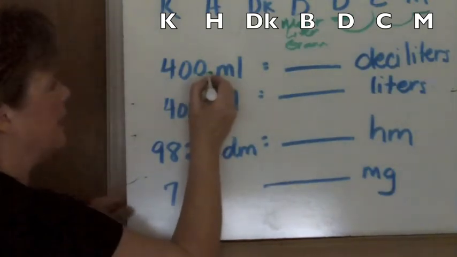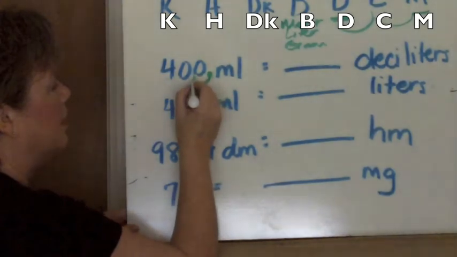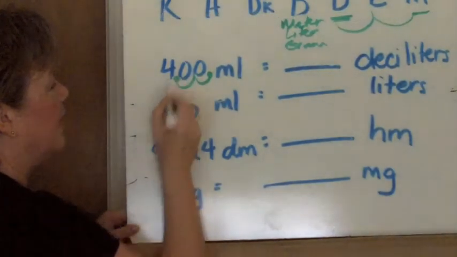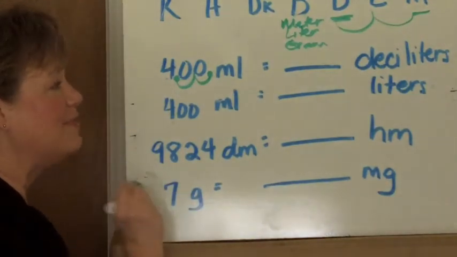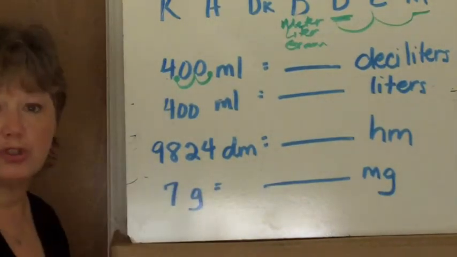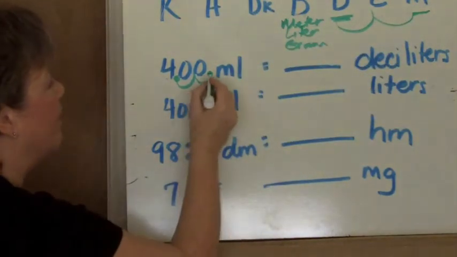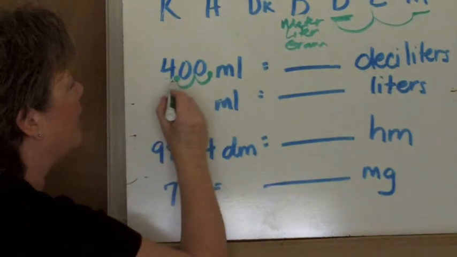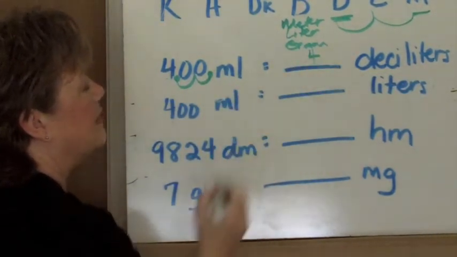So I'm simply going to take my decimal point and move it 1 spot, 2 spots to the left. That is the same thing as our little chart that said divide by. So I have simply moved it over, so I know that 400 milliliters equals 4 deciliters.